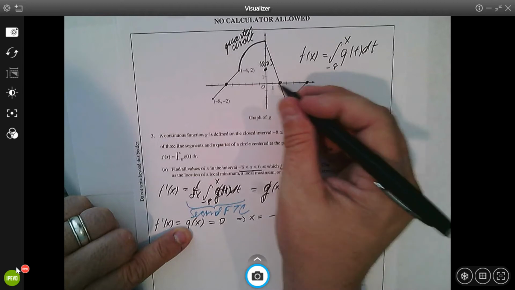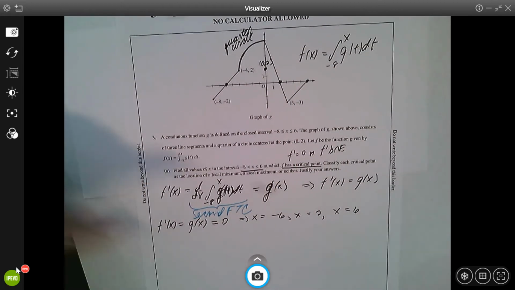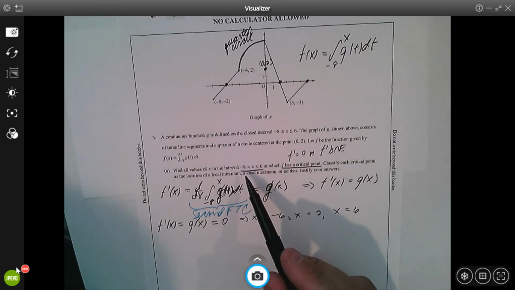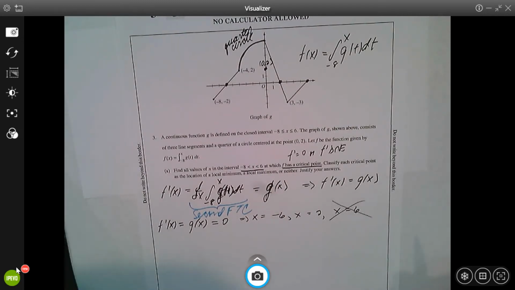And the last one happens at 1, 2, 3, 4, 5, 6. x equals 6. At first glance, you might think that you're going to have 3 critical points. But here's where you need to be careful. You were told to look on the open interval -8 to 6, so don't include x equals 6. Now, we're going to keep going here.